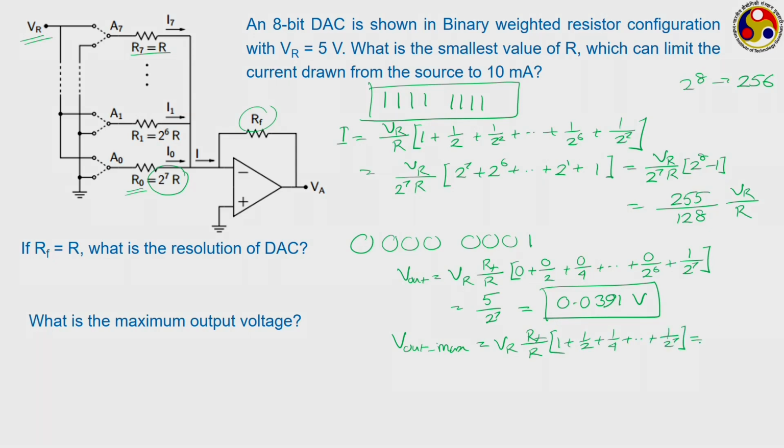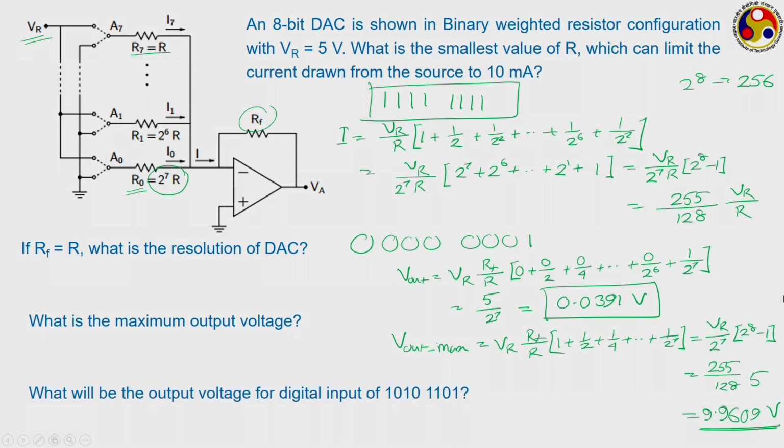So, again if we calculate following the same way and putting RF equal to R, then we are going to get this to be VR divided by 2 to the power 7 into, inside this bracket, 2 to the power 8 minus 1, that is 255 by 128 into VR, and we know the value of VR is equal to 5 volt. So, 255 by 128 into 5 gives us 9.9609 volt. This is the maximum output voltage that will correspond to when all inputs are set to 1.